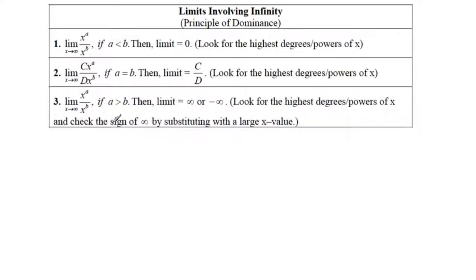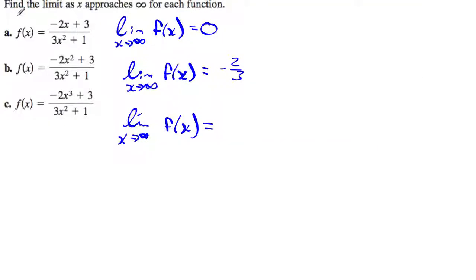So we look for the highest degree power of x and check the sign of infinity by substituting a large x value. Notice as x gets larger and larger, this denominator stays positive.